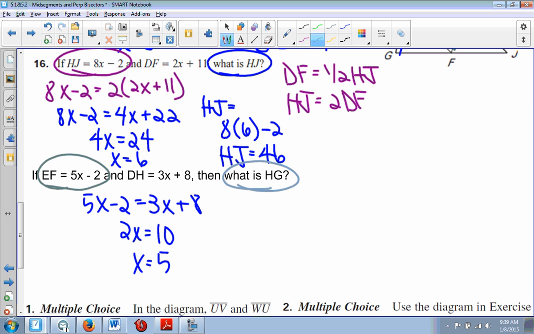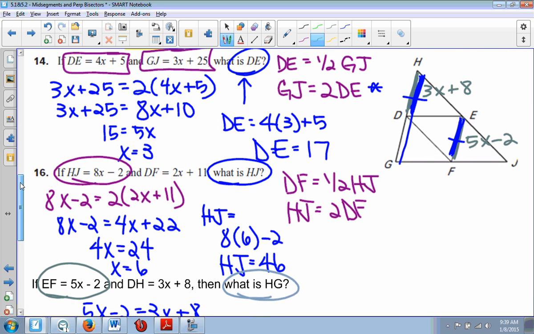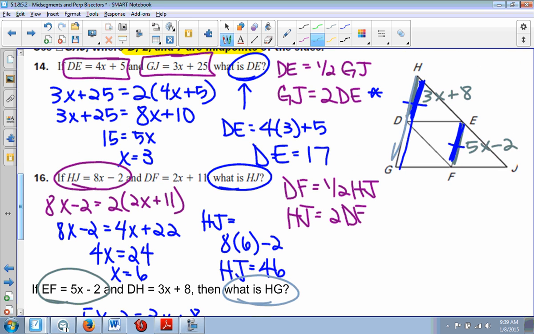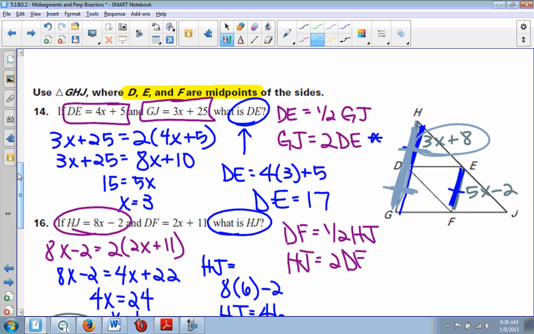So all I'm going to do is identify on the picture, HG is the whole side length here. So what we need to do is we need to find a part of it and then just double it, because whatever this piece up here is the same as the piece on the bottom. The reason why I know that is because in the directions it says D is a midpoint.